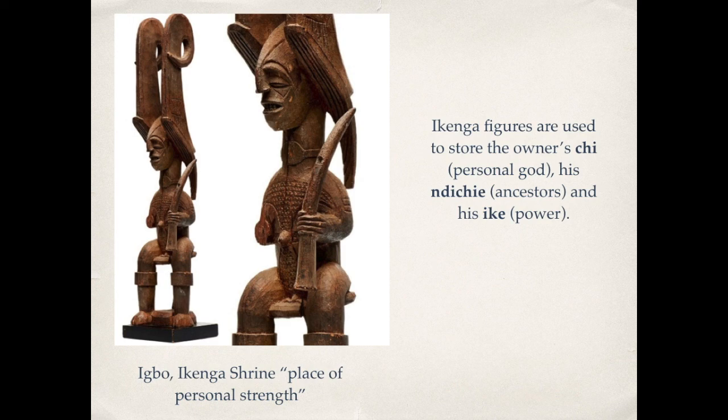The right hand is the place of activity and action and getting things done. Ikenga, the word means a place of strength, and it has a very self-conscious arrangement of the elements that are used to satisfy the values of the community and its relationship to the deity.